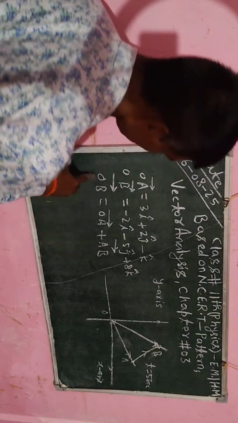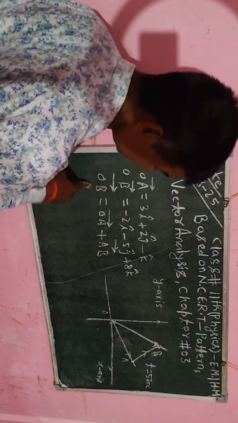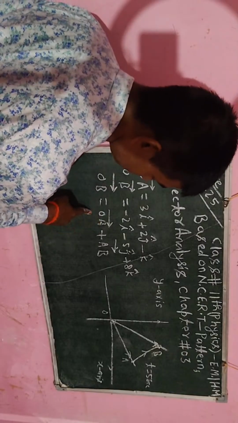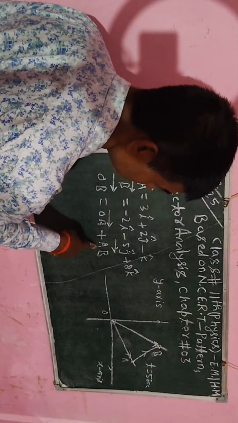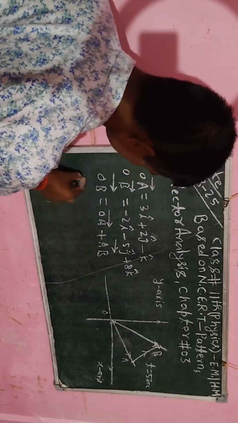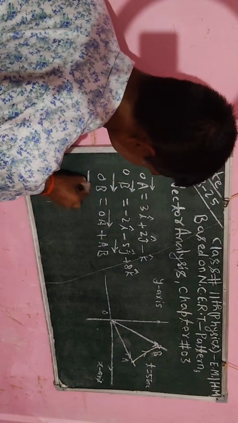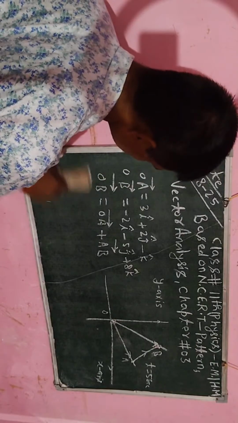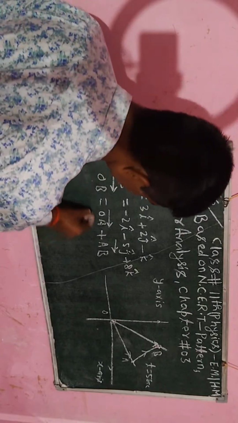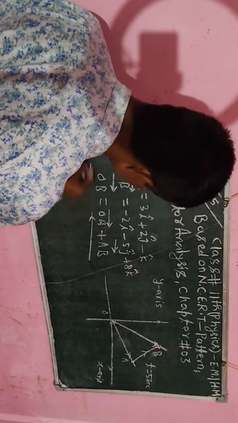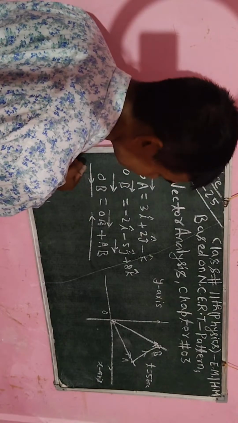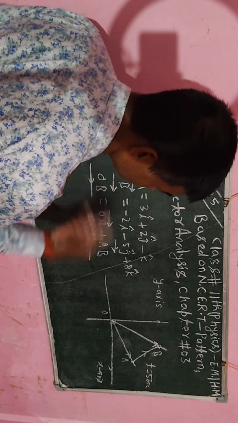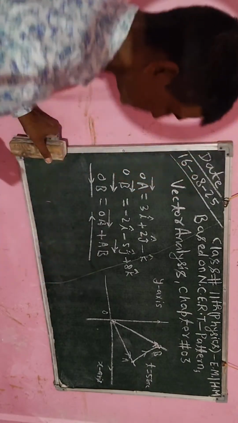The value of vector OB I know and vector OA I also know, so we will get the unknown vector AB. So vector AB I have to write it like this. Whatever is on the right hand side I will put on the left hand side and whatever is on the left hand side I will put on the right hand side. There will be no change in my equation.